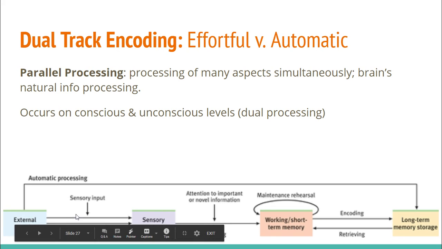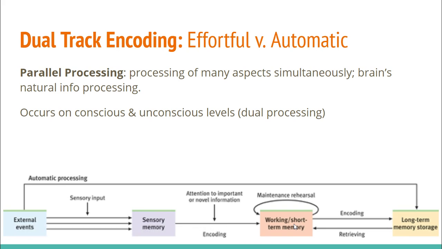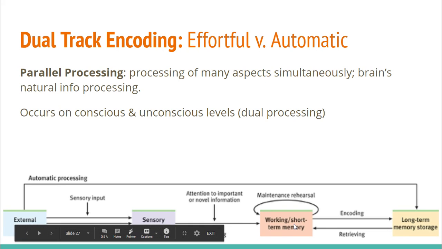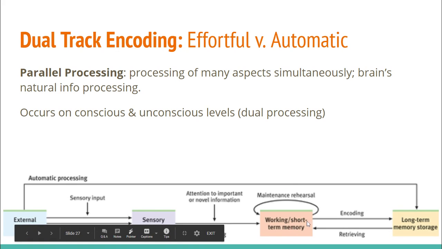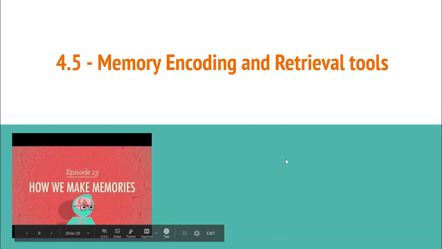Studies have shown that we aren't good at working on long-term memories or semantic information while working on multiple other effortful processes, but we can automatically process while effortful processing. So you can't work on three different effortful forms of processing at once, but we can do an effortful and an automatic at the same time.